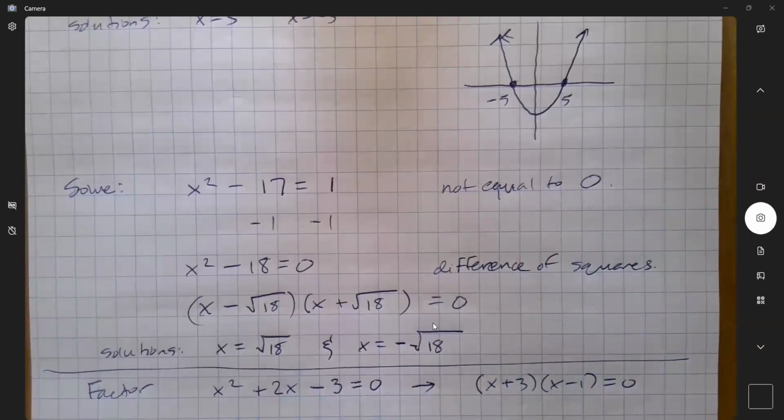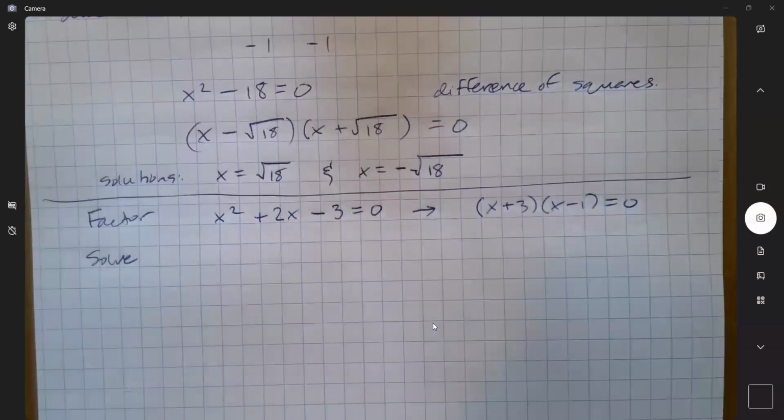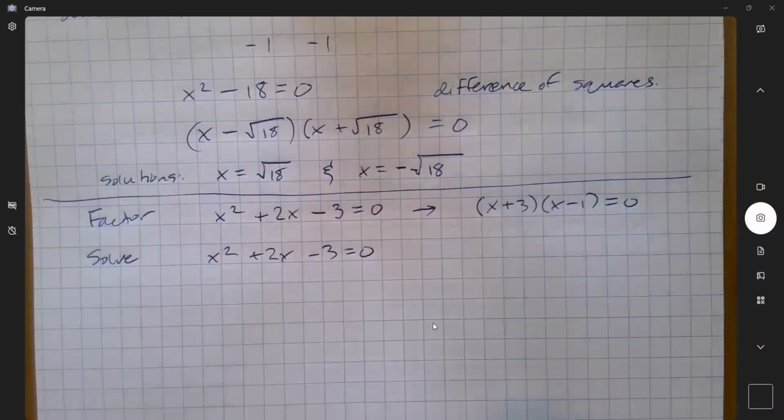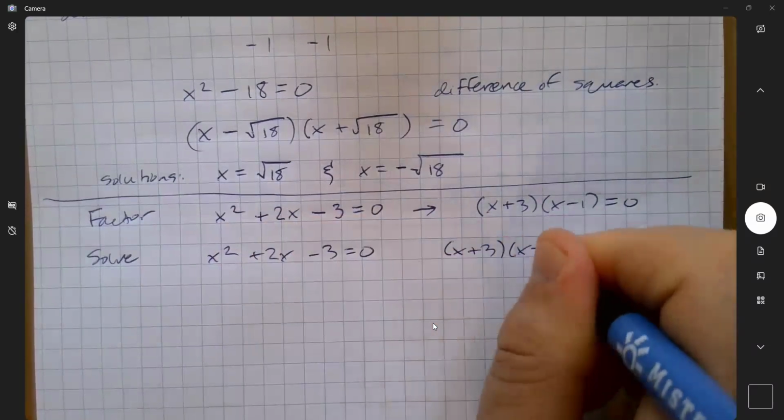But if I say solve x squared plus 2x minus 3 equals 0, then the first step would be to factor it.